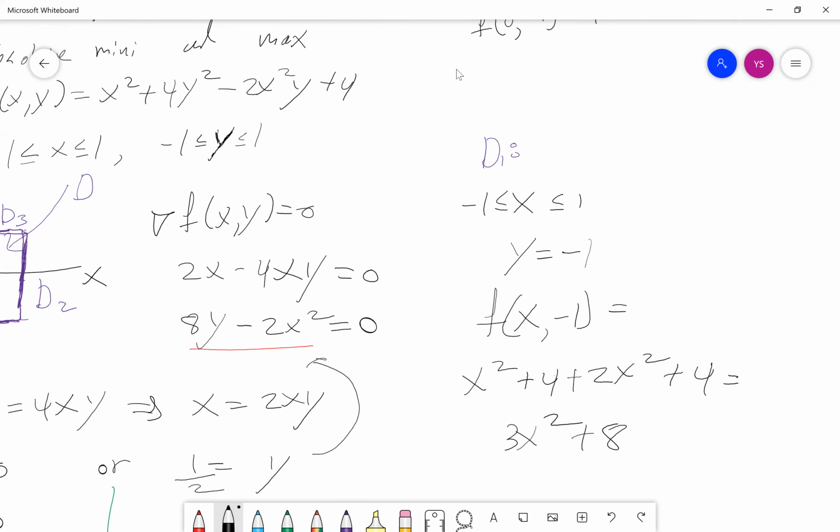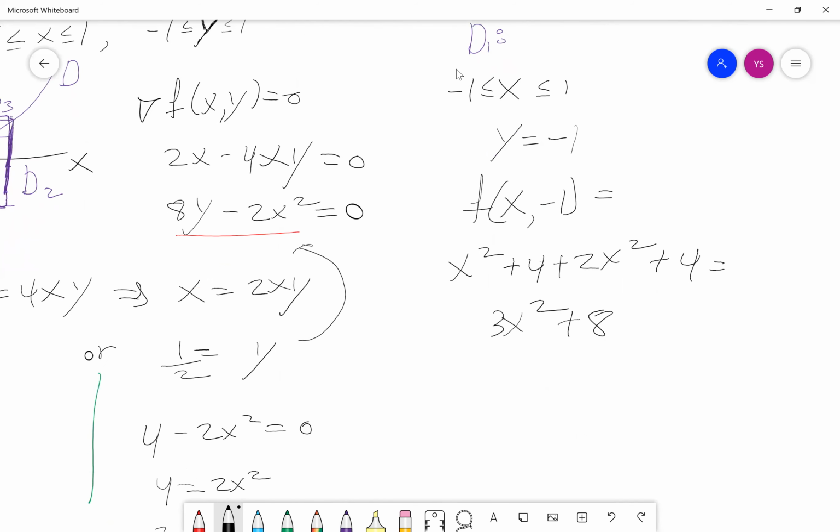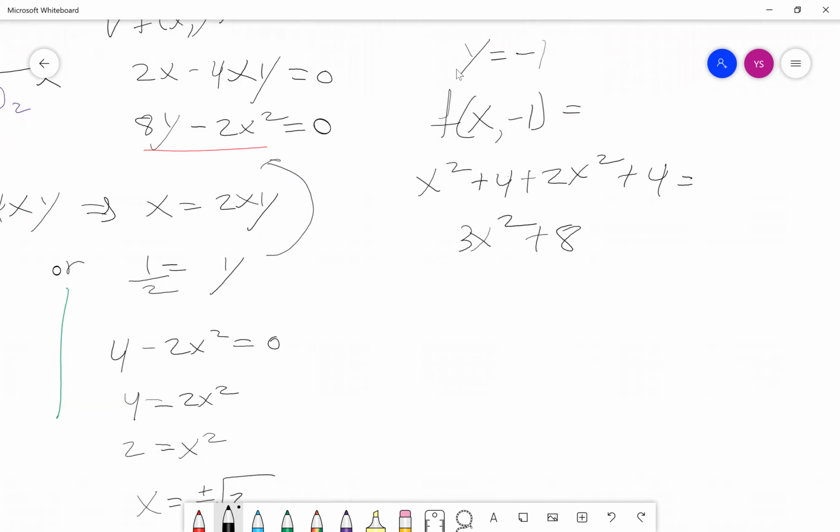Okay, perfect. So now we need to find the critical points on this part of the boundary. So what do we do? Anyone? Take the derivative and set it equal to 0. So f prime of (x, -1) is equal to 6x plus 8.